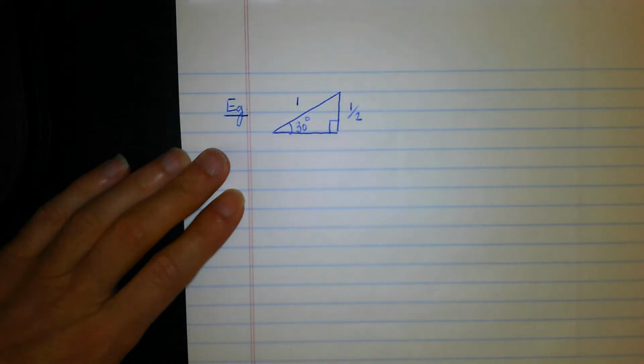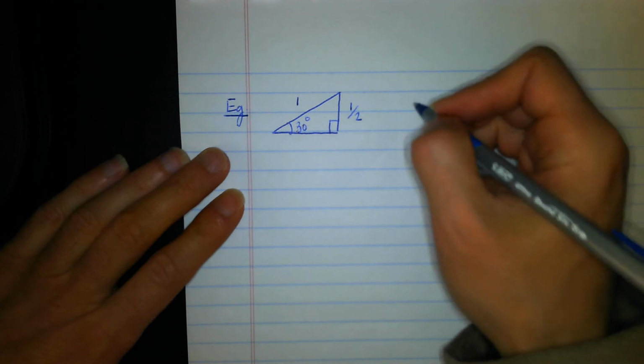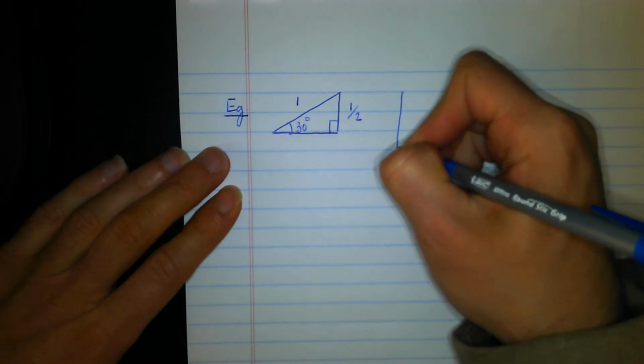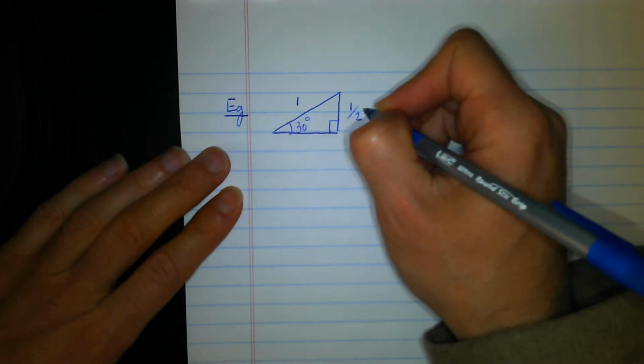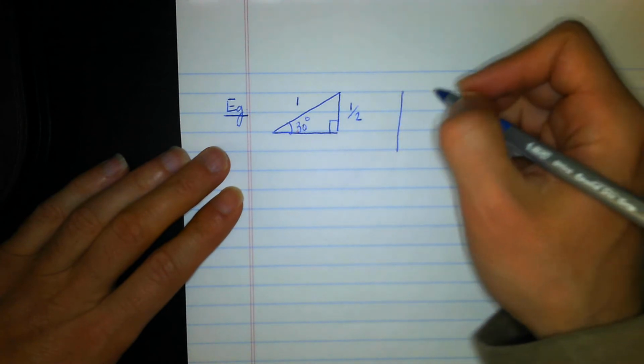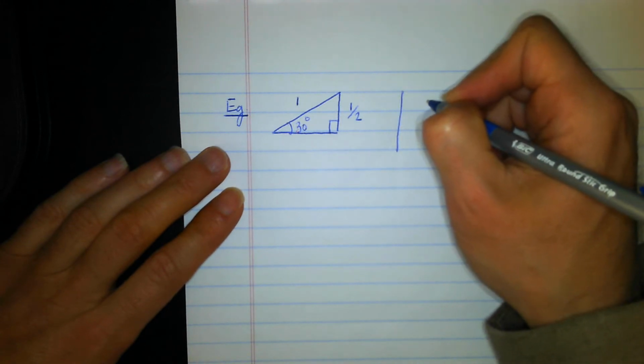Let's just confirm that the trigonometric functions work here. All right, well, let's see here. What do we have here? We have this half, that's the adjacent to 30, or sorry, the opposite to 30 degrees.